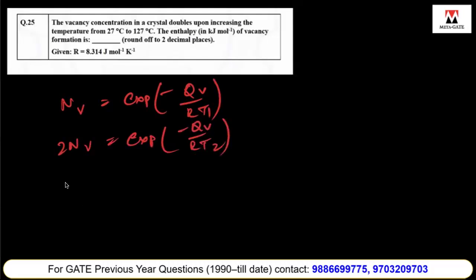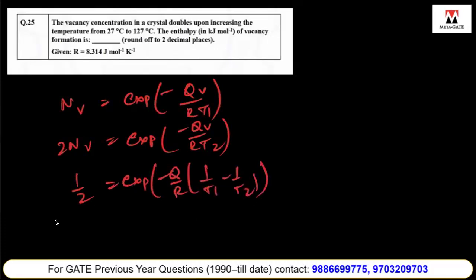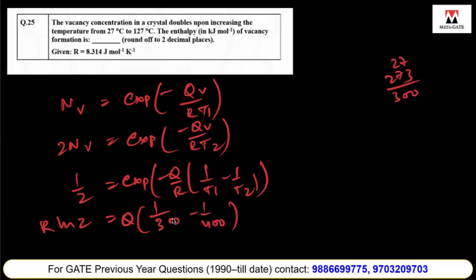So it is 1 by 2 exponential of minus Q by R, 1 by T1 minus 1 by T2. So ln 2 is equal to Q by R into 1 by 300 minus 1 by 400, where 27 plus 273 is 300. So Q is nearly equal to 6.9 kilojoule per mole. The answer is 6.9.